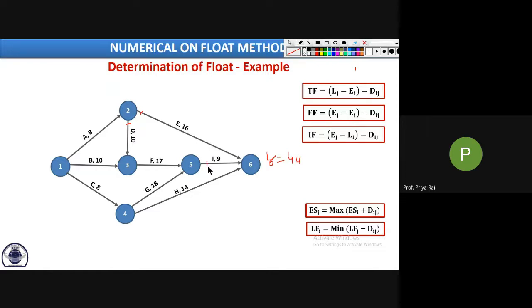First 5. A single tail is attached here, coming from 6, so L6 is 44 minus the duration, which should be subtracted. So minus 9, how much? 35. Very good. Now 2 or 4, which one? 2, 4, or 3, which one?